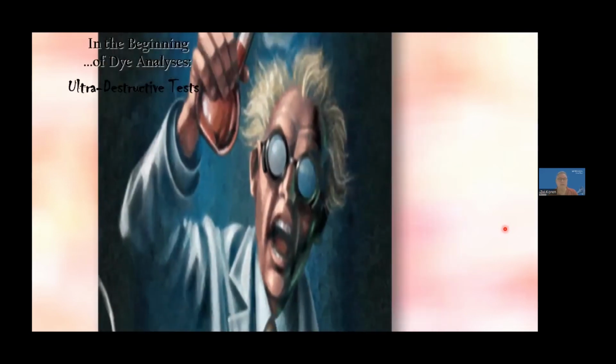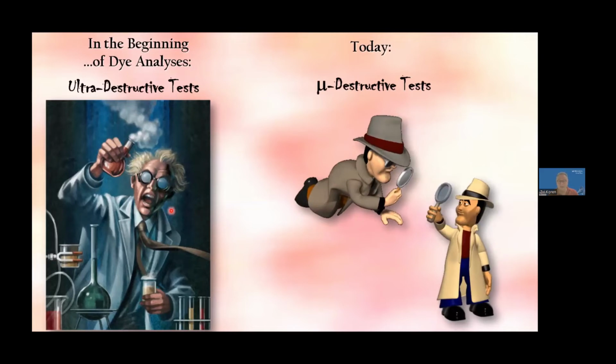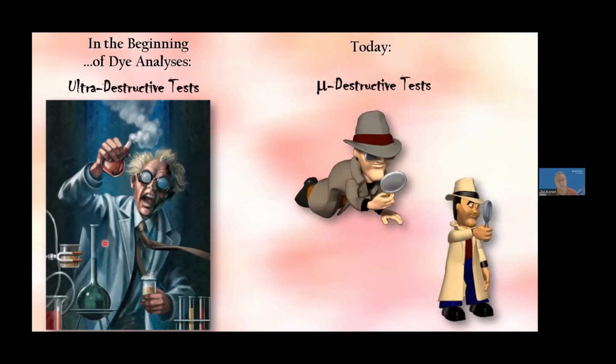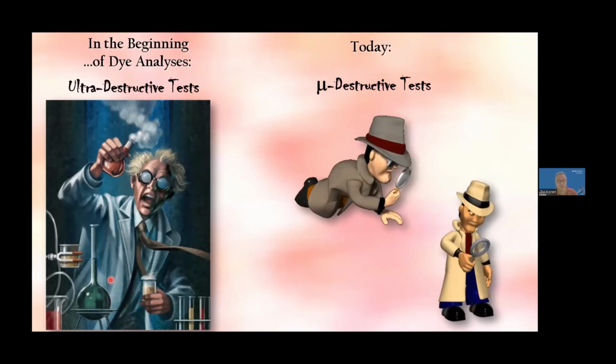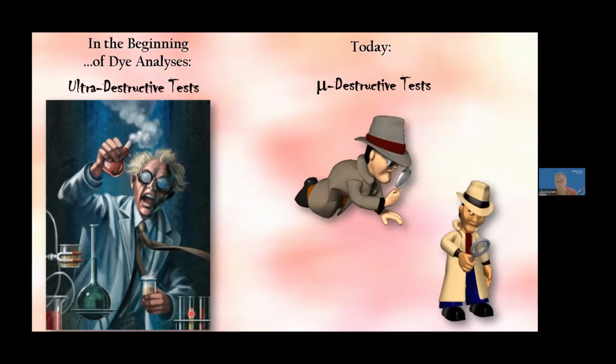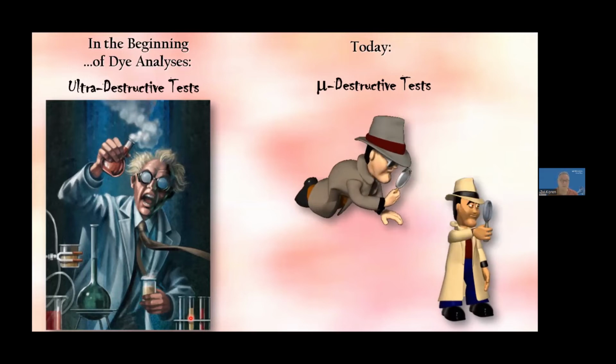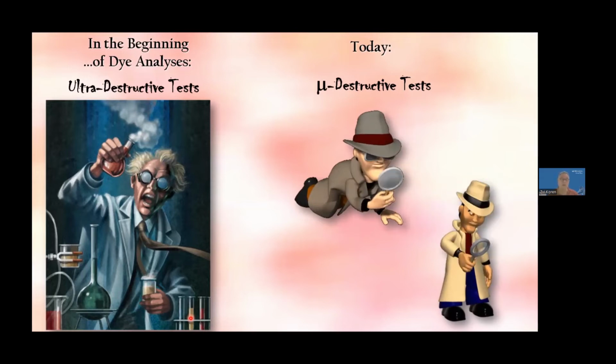Okay, now in the beginning of dye analyses, what's so great about HPLC? Pfister did amazing work by combining different chemical reagents to known dyes, and you see the color that is obtained, and you compare it with standards, and this way he was able to determine what the dyes were in archaeological samples.